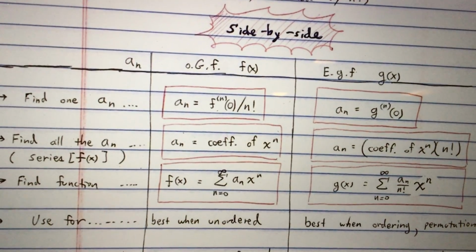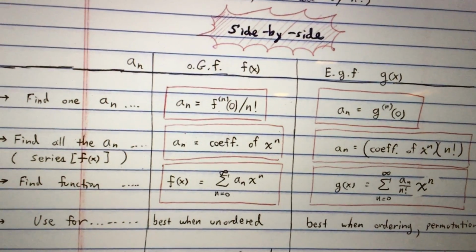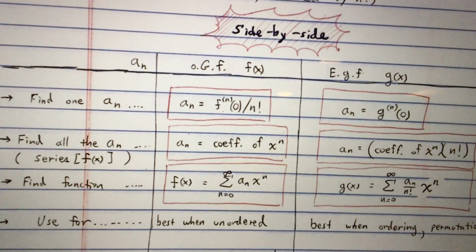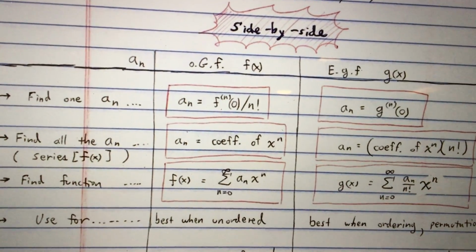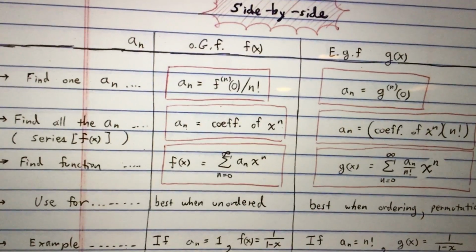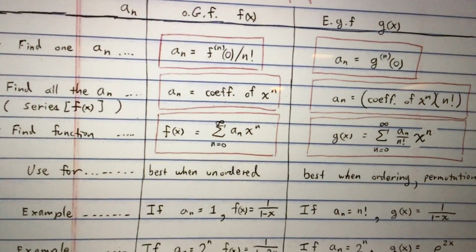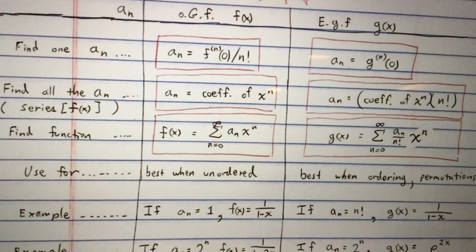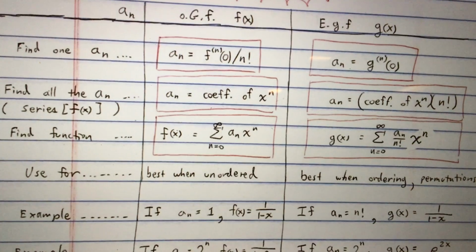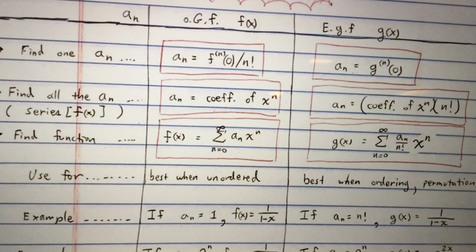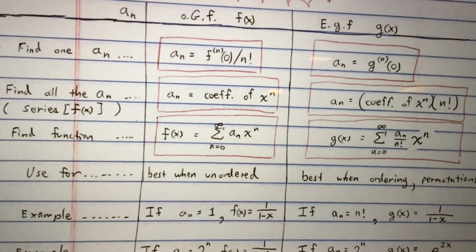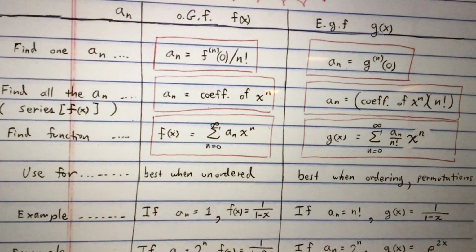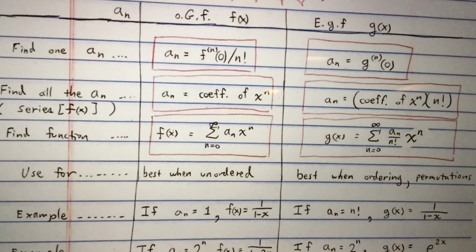There's the functions themselves again, by definition. So it's kind of redundant, but just putting it together, the infinite sums look like those. And then here's what they're useful for. From the two examples that we have so far, you could probably conclude that the ordinary generating functions are best when it's unordered, like in the first example where it was just the number of solutions to x1 plus x2 plus x3 equals n.